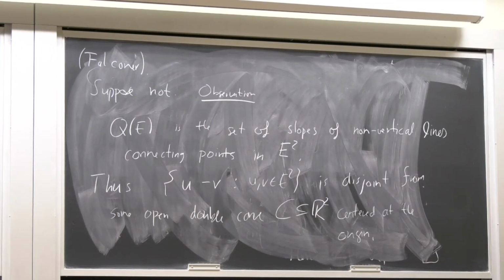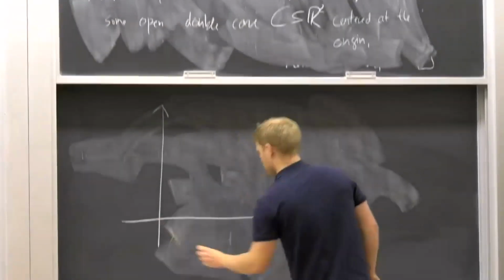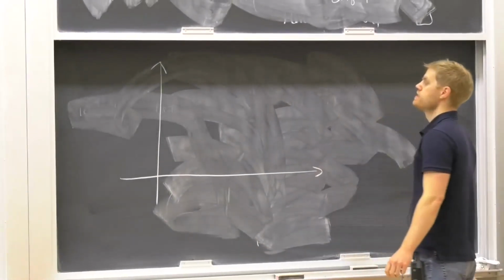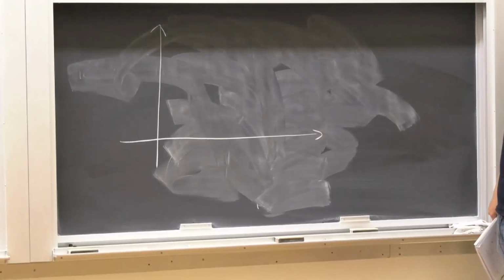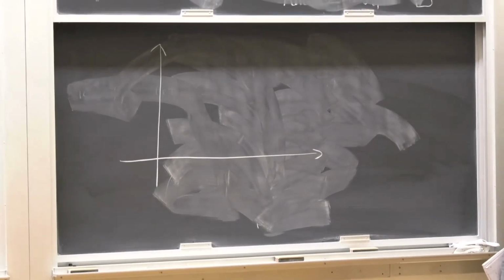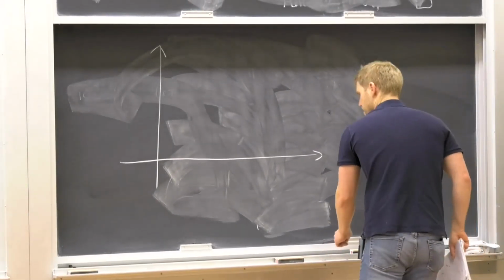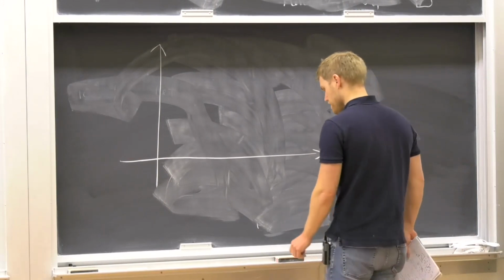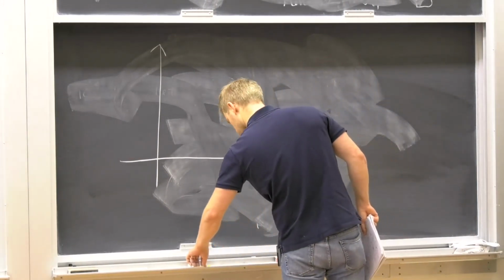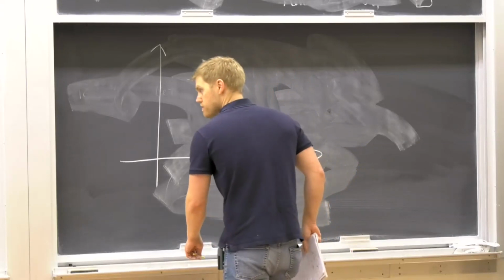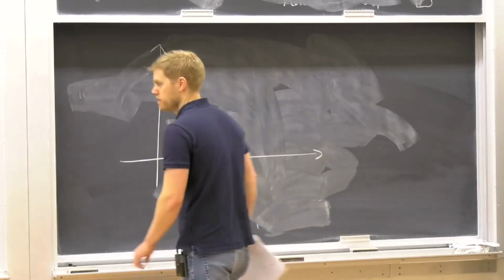Okay, so the picture you should see, you're living in R2, that's where E square lives. And now you have this double cone at the origin.